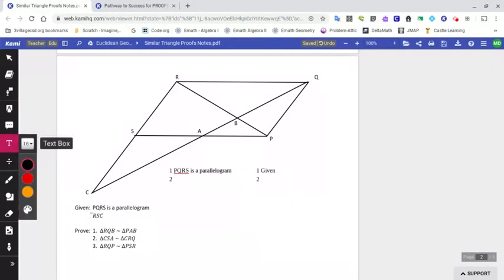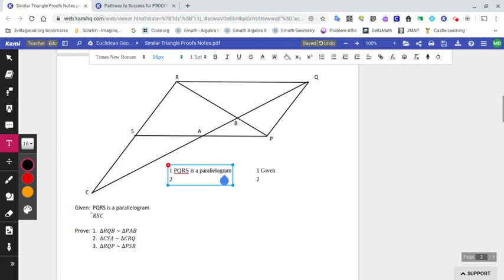If you're going to use parallel lines cut by a transversal, you need to state which lines are parallel to each other. So in this case, I want to say RQ is parallel to SP. Since this is a parallelogram, and a parallelogram is a quadrilateral with two pairs of parallel sides, I can say that is by definition of parallelogram.